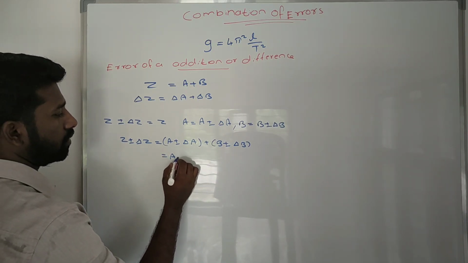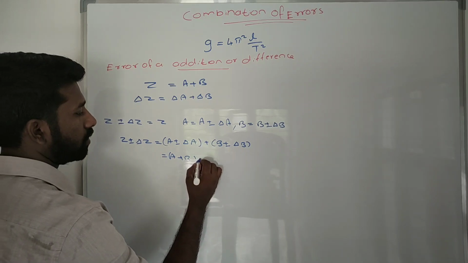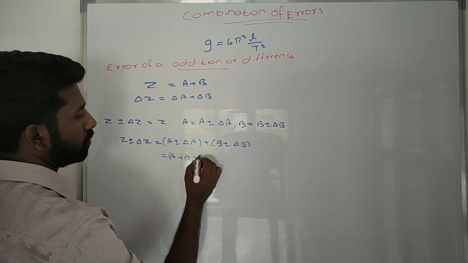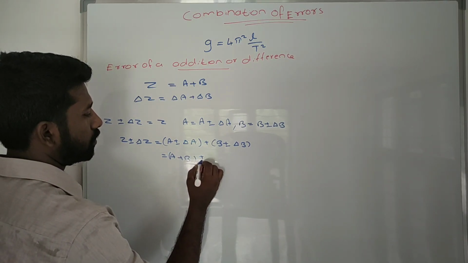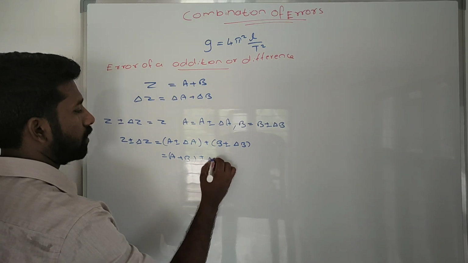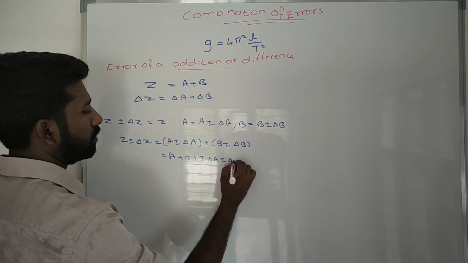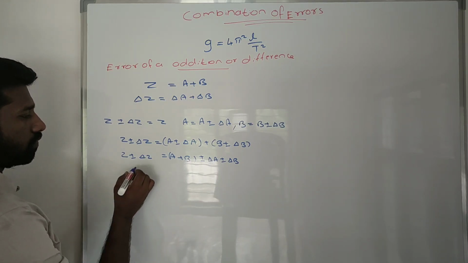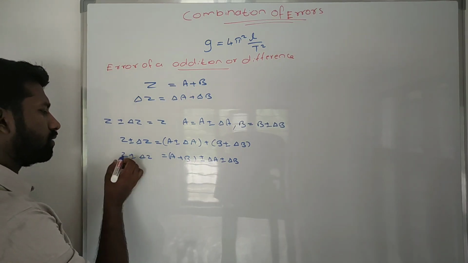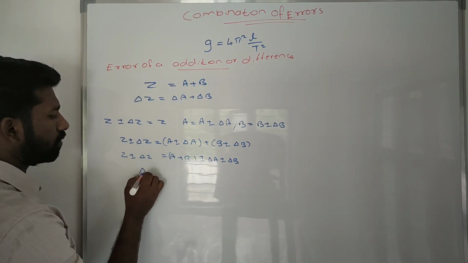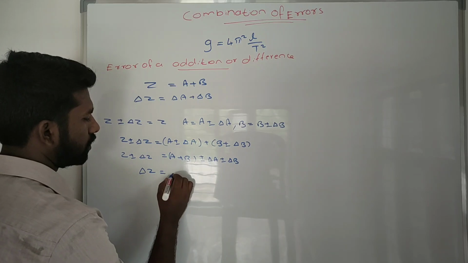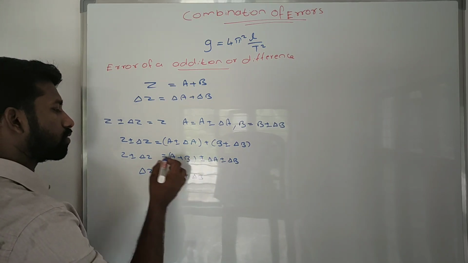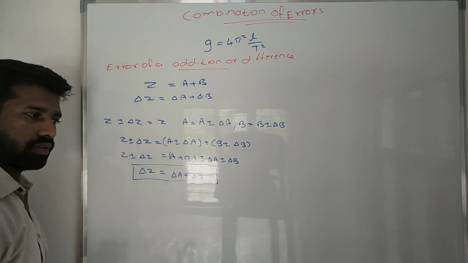A plus B, and then plus or minus delta A plus or minus delta B. From this we need only the error part, so delta Z is equal to delta A plus delta B. From this, plus or minus is taken as common outside. This is the way we got it.